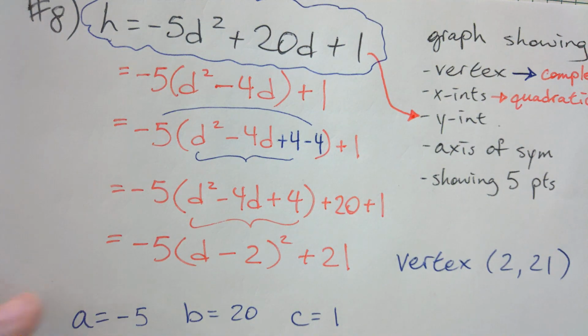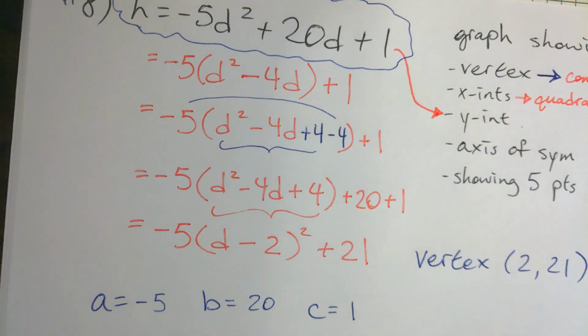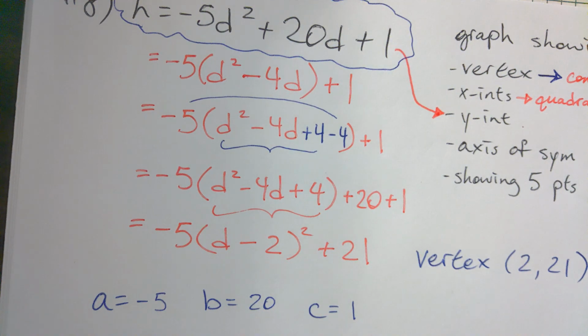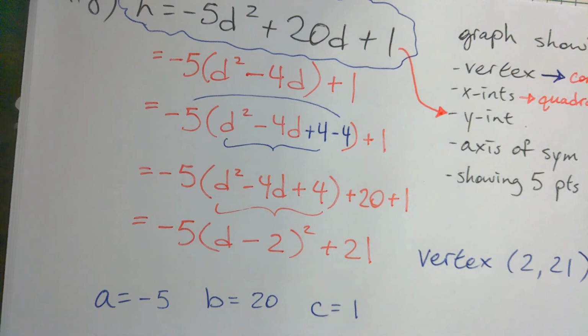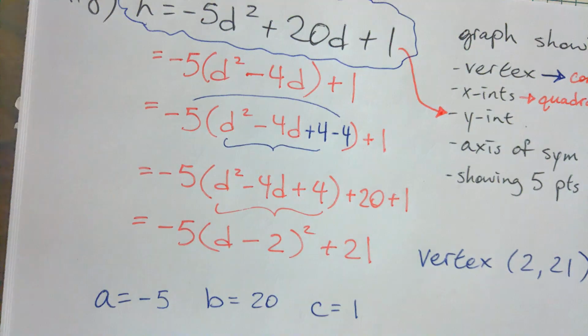Okay, my equation is y equals negative 5x squared plus 20x plus 1. When I graph it, notice right here.